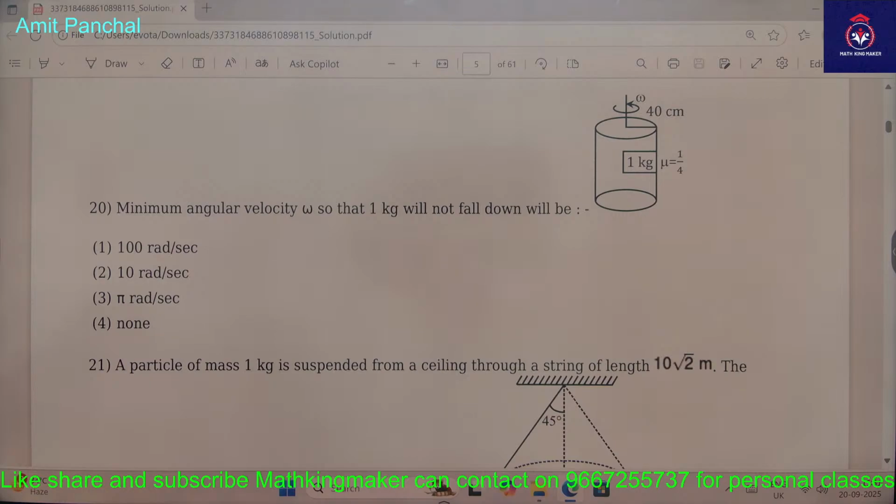So what was the relation between that? Force of friction and centripetal force. Force of friction must always be greater than the centripetal force.